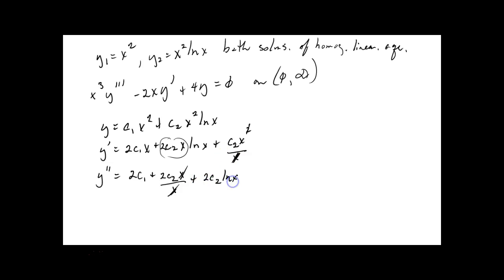Log x, right? Derivative of the first times the second. Just this term here, taking its derivative, right? It's the first times the derivative of the second, which is that one, plus the second, and plus the derivative of the first, 2c2, times the second. Why is 2c2 the derivative of 2c2x?